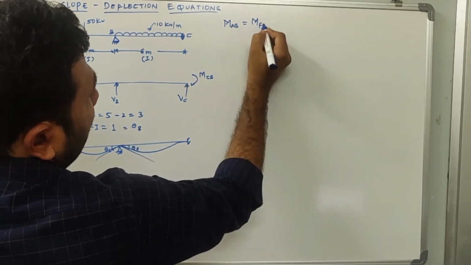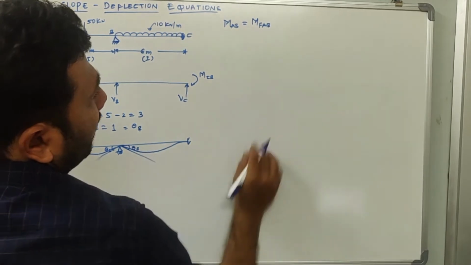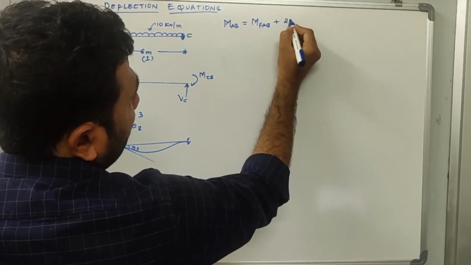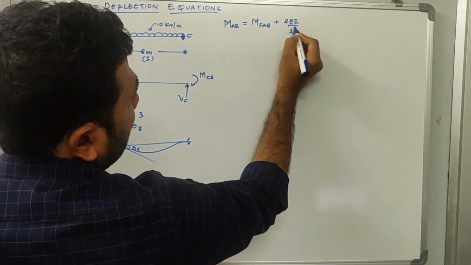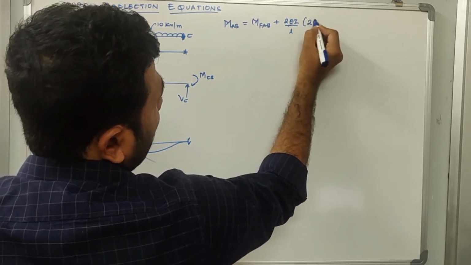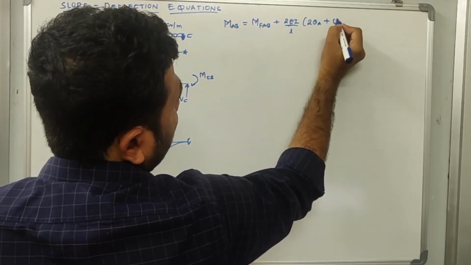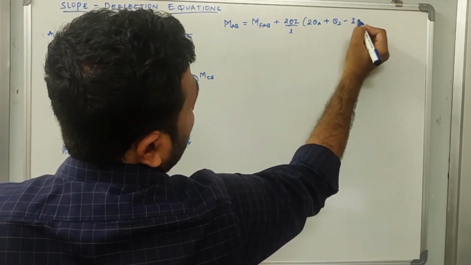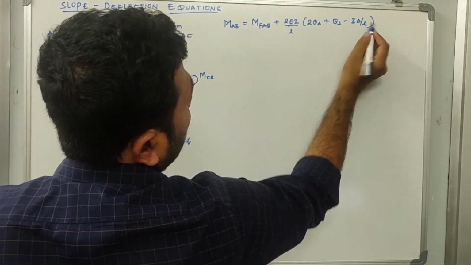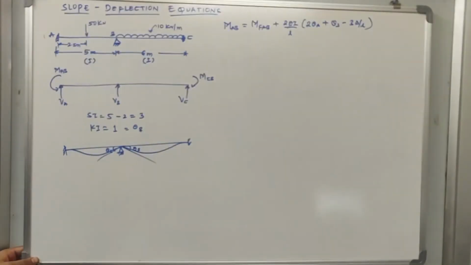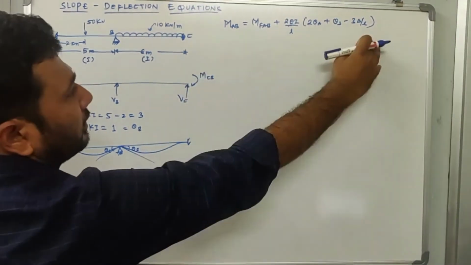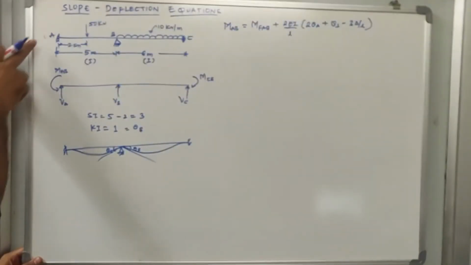First MFAB we need to calculate, plus 2EI by L, 2 theta A plus theta B minus 3 delta by L, right? So delta is the deflection. From this equation we can calculate how much is MAB.